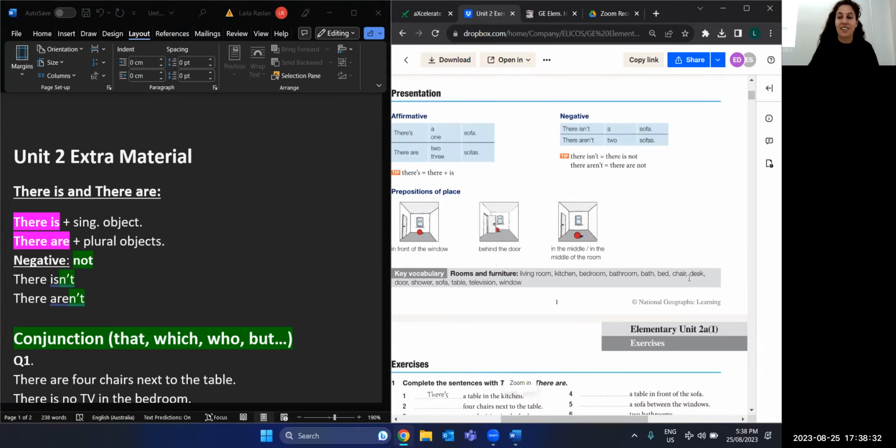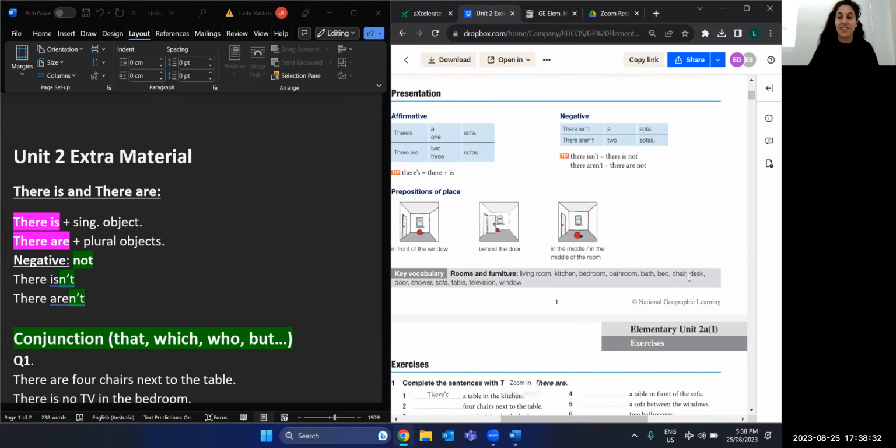Where is its place? Where is it? So any questions with those? Preposition of place and there is and there are? No? And vocab for a house and the things that it has in a house.